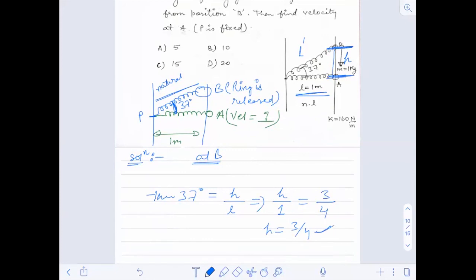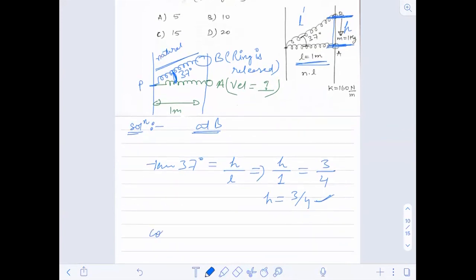So the potential energy of this ring will be mgh. Now cos 37 will give me this length L dash. Base upon hypotenuse: the base is 1 meter and the hypotenuse is L dash.